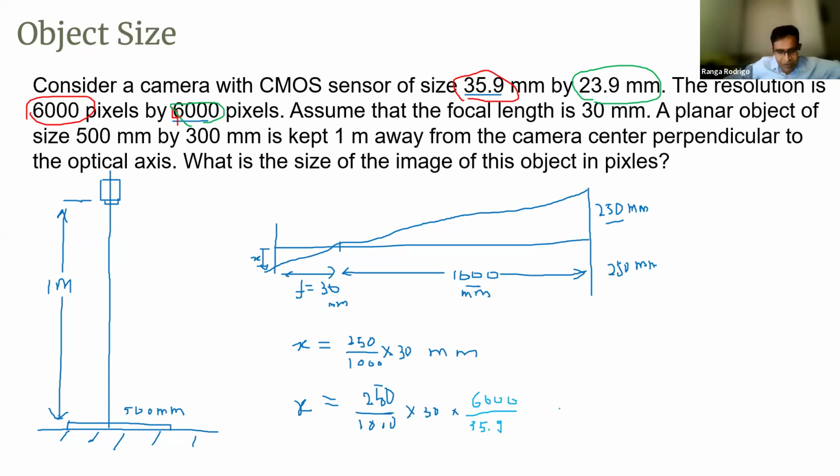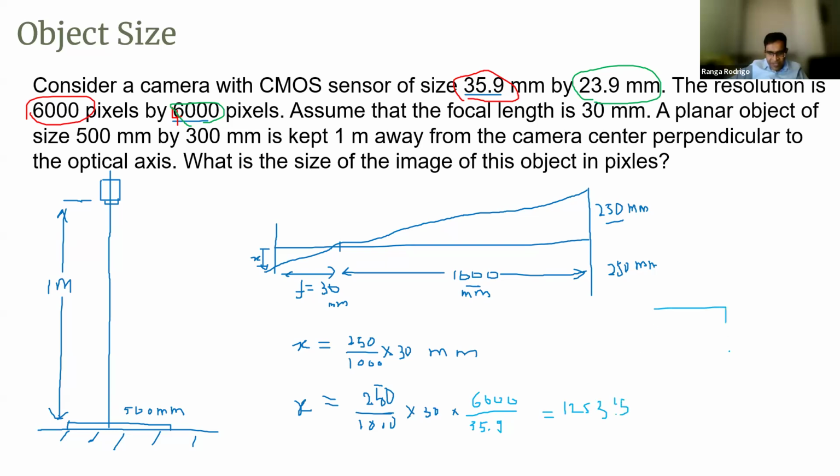How many pixels? So let me do the calculation. 250 divided by 1000 times 30 times 6,000 divided by 35.9. I get 1253.5 pixels.